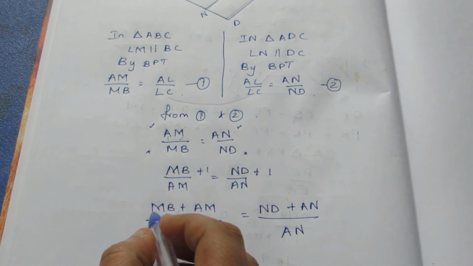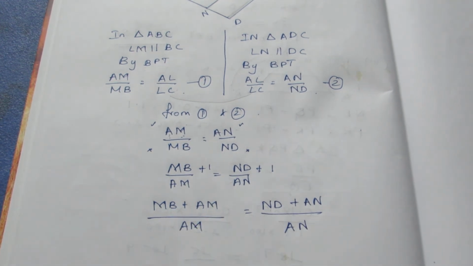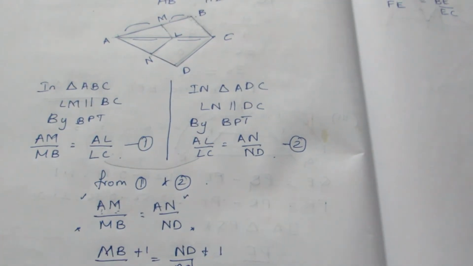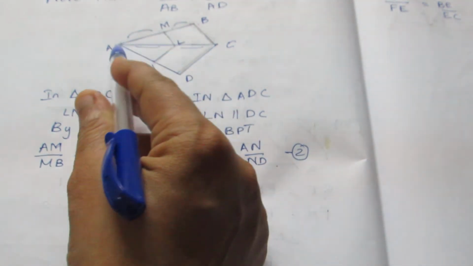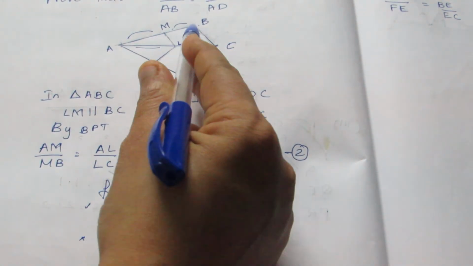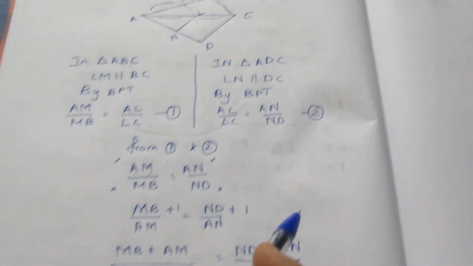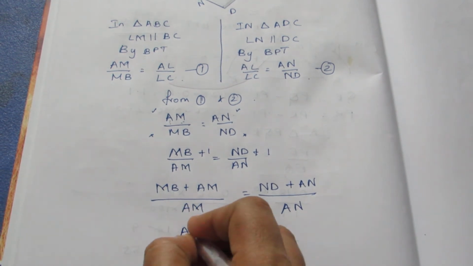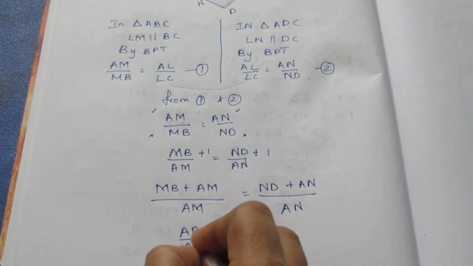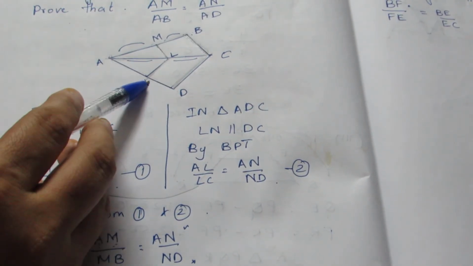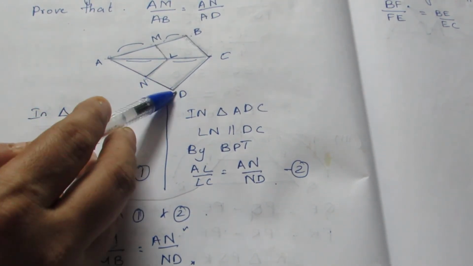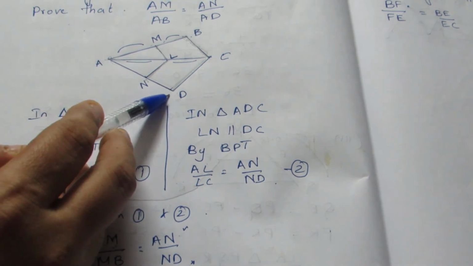Now see the diagram, AM by MB. AM plus MB is what? AM plus MB is AB. So we can write this to be AB by AM is equal to, same way, ND plus AN. ND plus AN is nothing but AD.